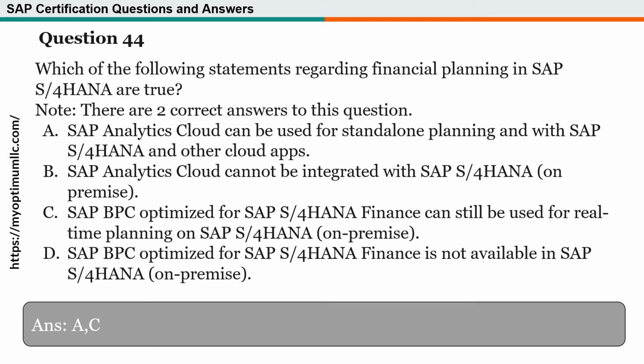C. SAP BPC optimized for SAP S/4HANA Finance can still be used for real-time planning on SAP S/4HANA on-premise. D. SAP BPC optimized for SAP S/4HANA Finance is not available in SAP S/4HANA on-premise.